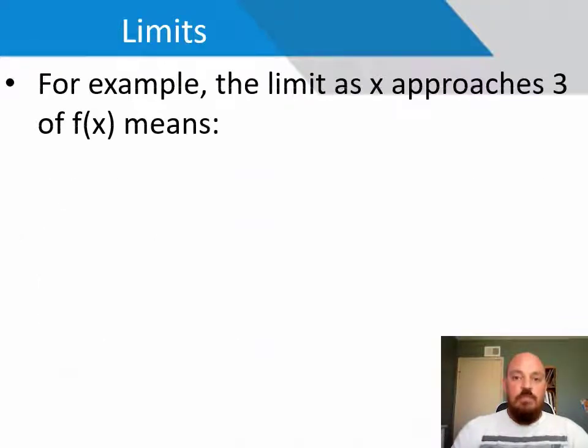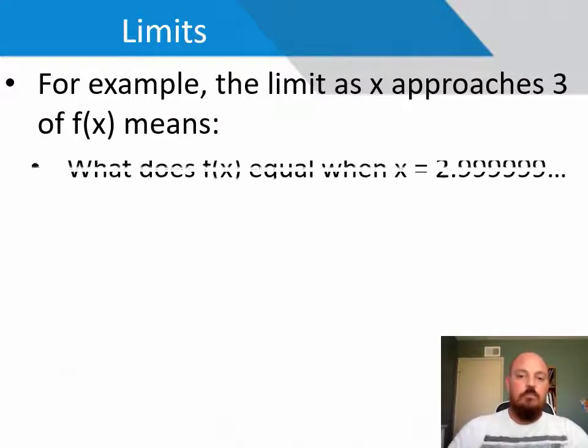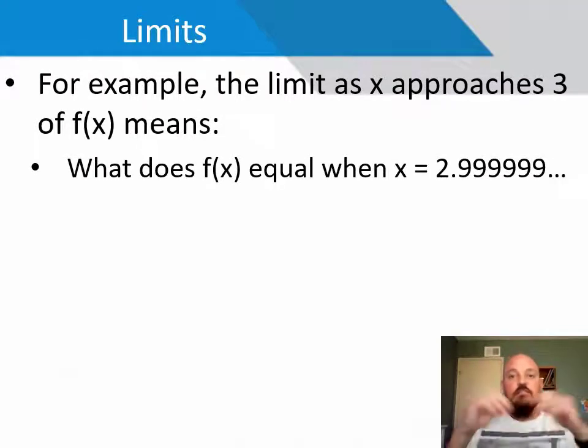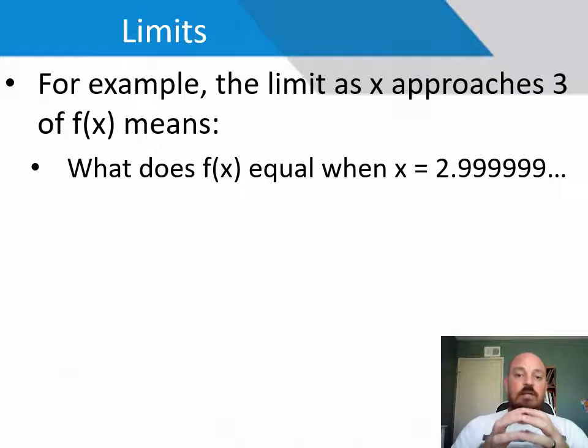So to put some numbers in there, let's say, for example, we were talking about the limit as x approaches 3. So what I might do is, instead of saying what happens when x equals 3, I want to see what happens very, very close to 3. So I might say 2.9999, put a whole bunch of 9s in there, and say, well, what's happening right there? That's really, really close to 3. That's a little bit less than 3. We also want to know what happens when it's a little bit bigger than 3.